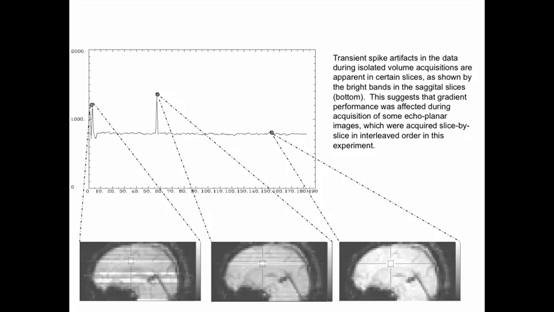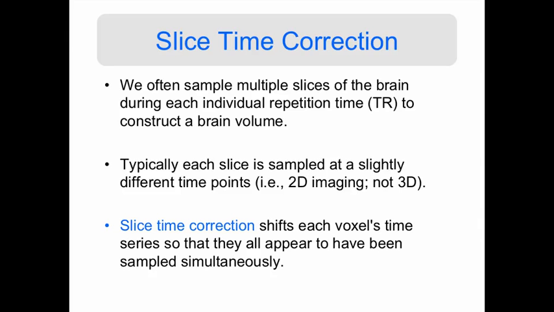Okay, and so what we see here is that certain slices of the brain are affected, and so you see that they're a bit wider than the other ones. And so these artifacts, we want to be able to know where they are as well as be able to remove their effects.